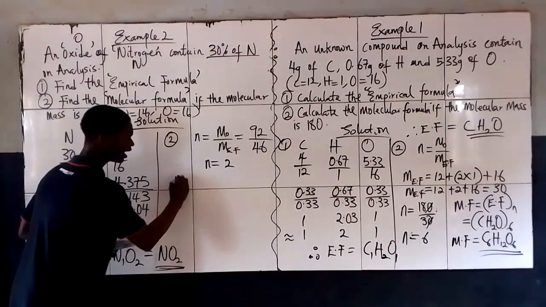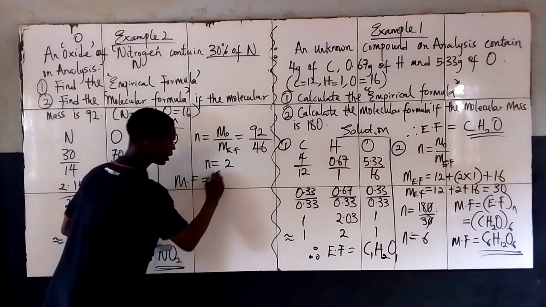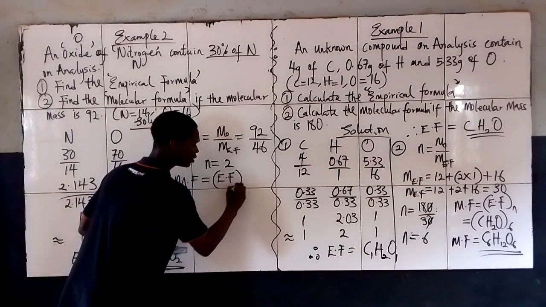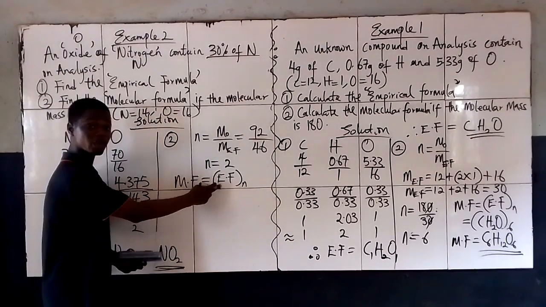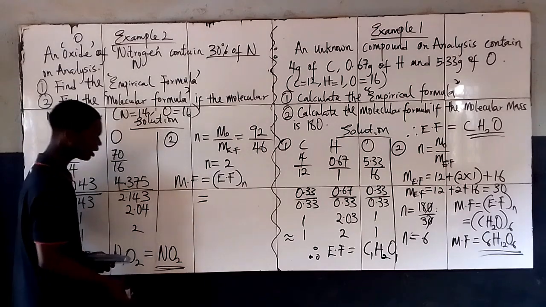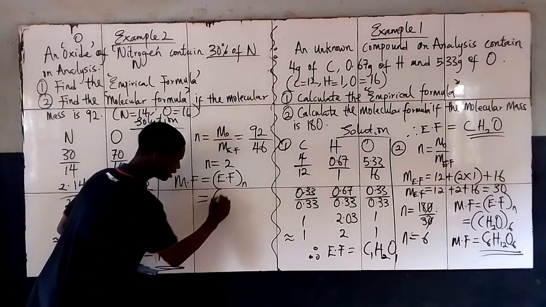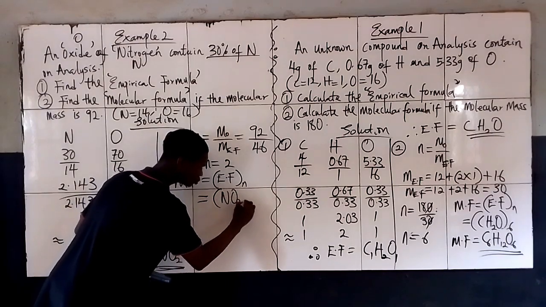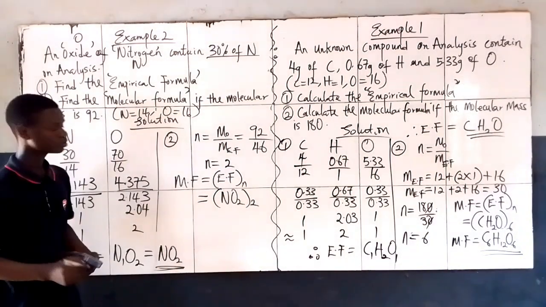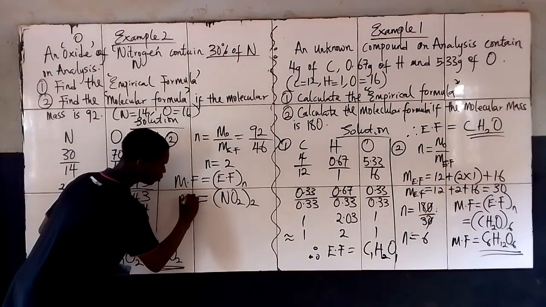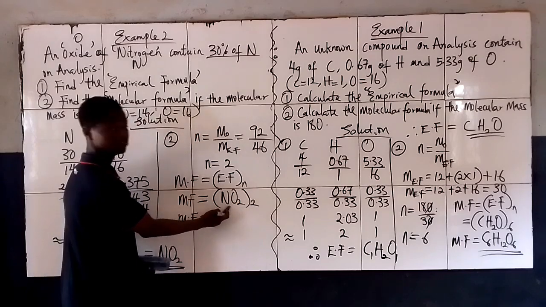Let's get our MF, which is what number 2 is about: our molecular formula. So this is E.F subscript N. Now what is our empirical formula from this question? NO2. So we come here and put in bracket NO2. And what is our subscript? Also 2. So the molecular formula will now be equal to: what is the invisible subscript here?